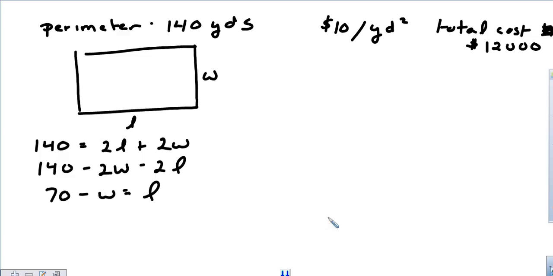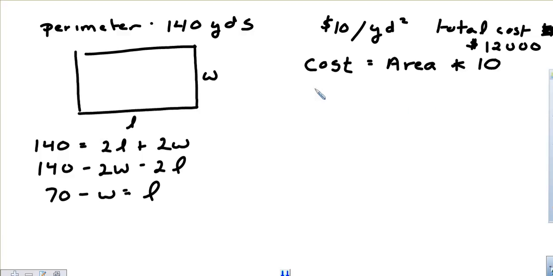Well, if my cost is $12,000 and it's $10 per square yard, then if I want to figure out my area, can I write an equation that involves cost and area? And I can. Cost is equal to whatever my area is times that $10 per square yard.